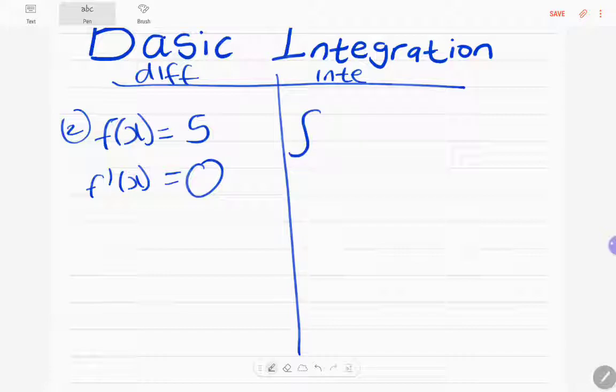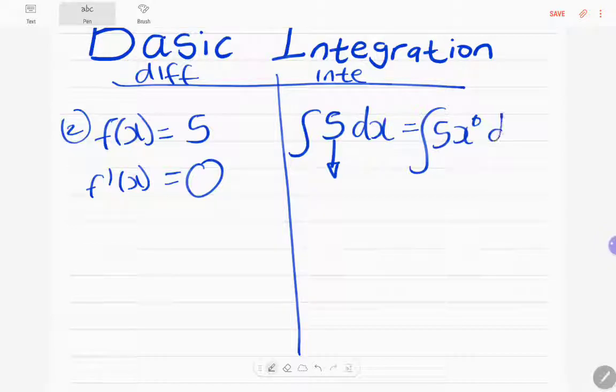If we have the integral of a constant, now remember, anything to the power 0 gives us 1. We have to integrate 5 with respect to x. That means we can say the integral of 5x to the power 0 dx, because any number to the power 0 is 1.